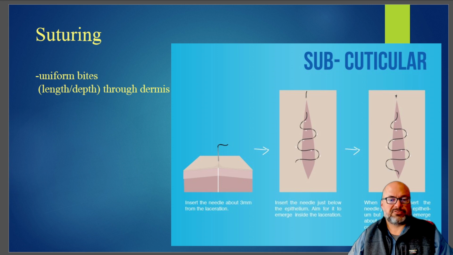When it comes to starting this, what we typically do if we've got this open defect is come down to the subcutaneous tissue, do a quick loop through and tie a knot, and then bring the needle out right at the apex, so that when we start doing the subcuticular closure, we come down one side and then the other, alternating back and forth with the suture lining up directly across from itself.